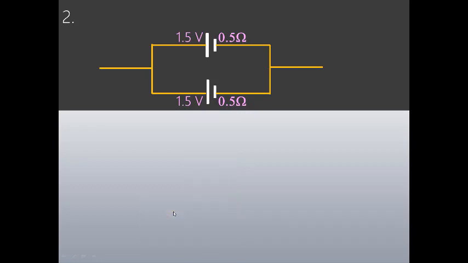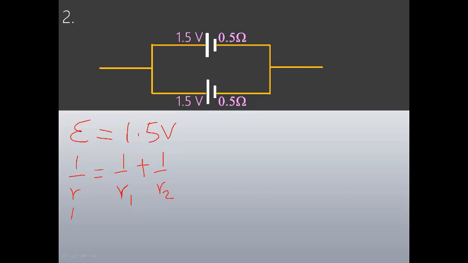Remember, the effective EMF is going to be 1.5, and the effective internal resistance, since there are two resistors in parallel, we can just use our formula 1 over R is equal to 1 over R1 plus 1 over R2.